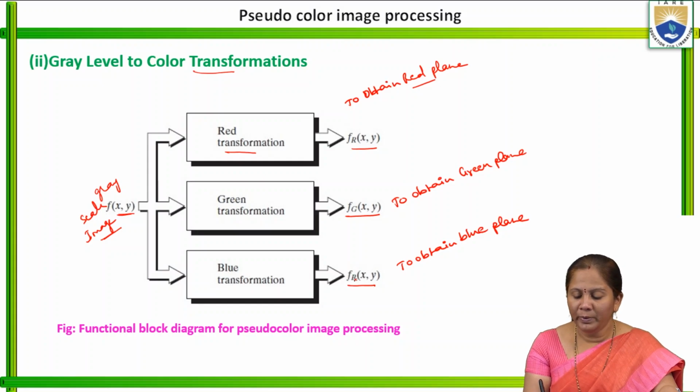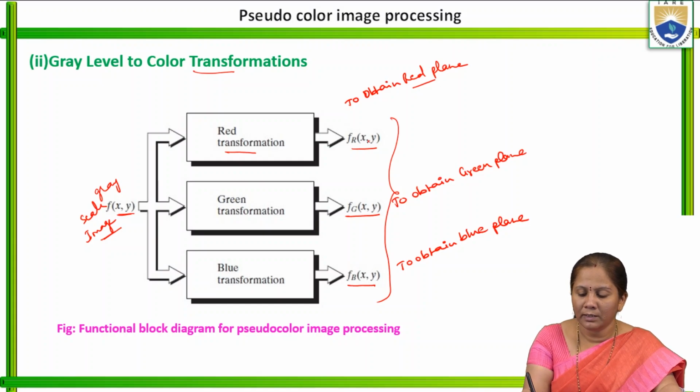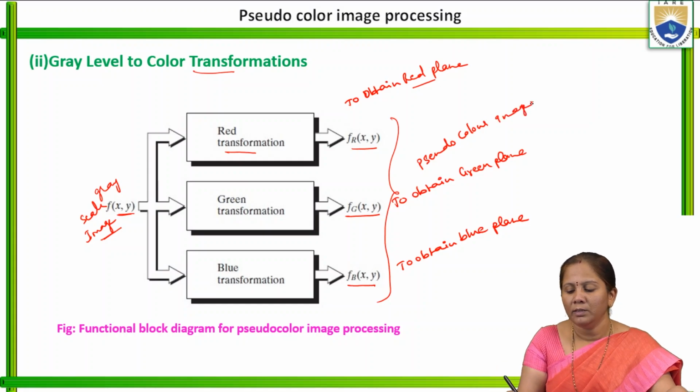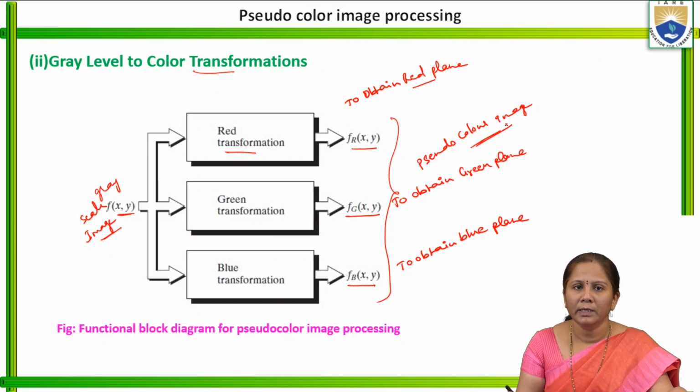This b represents blue. Now if we combine these 3 planes, that is the red plane, green plane and blue plane, a pseudo color image will be formed.